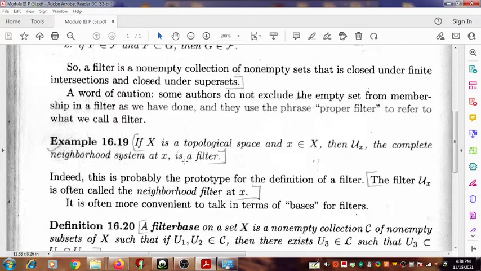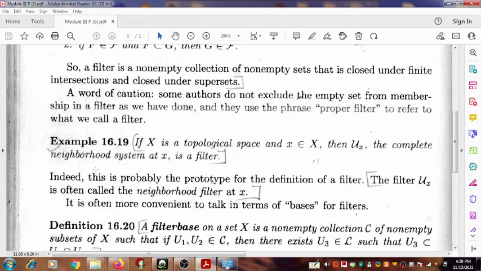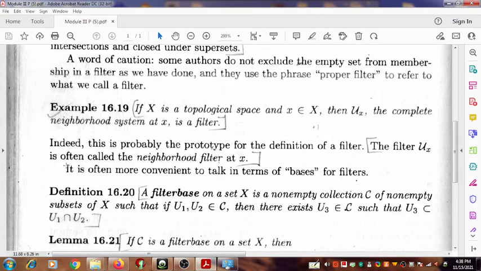You can verify that the two conditions are satisfied by the complete neighborhood system of a given point in the topological space X.